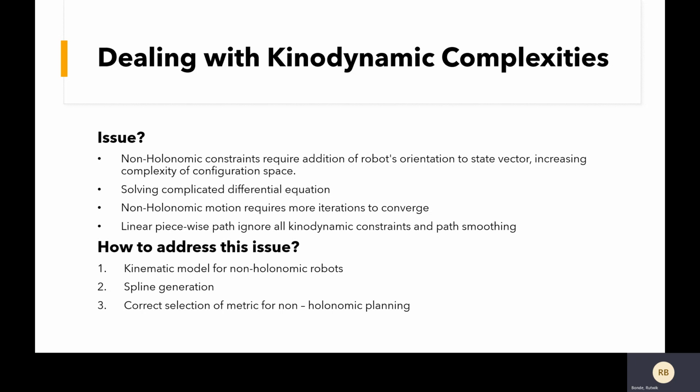Recently, a spline generation approach has been used to resolve these issues by encoding the non-holonomic constraint in spline generation during the path search process of planners. This process also reduces the kinodynamic planning to a lower dimensional space. Correct selection of metrics for non-holonomic planning can also help.